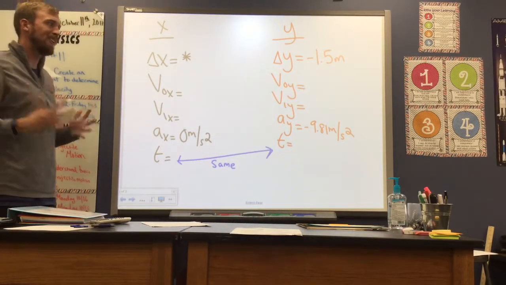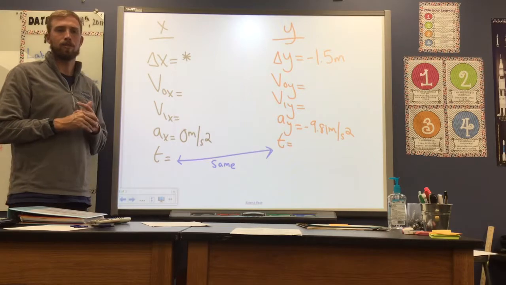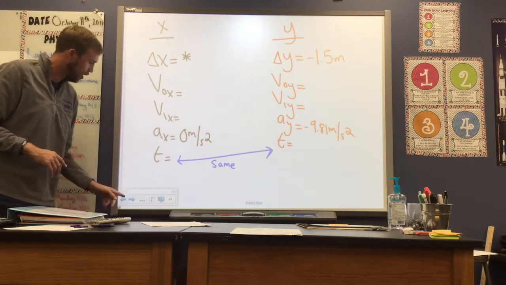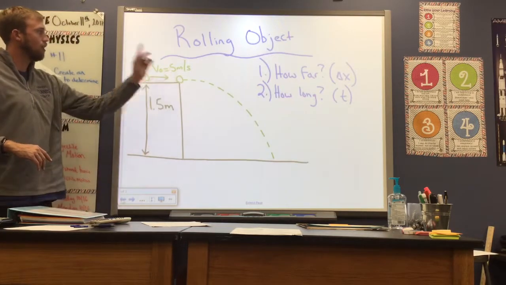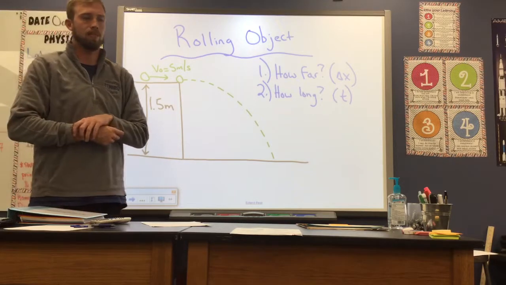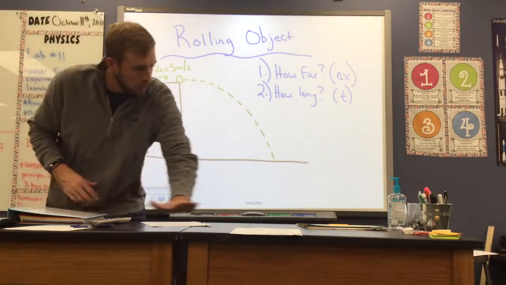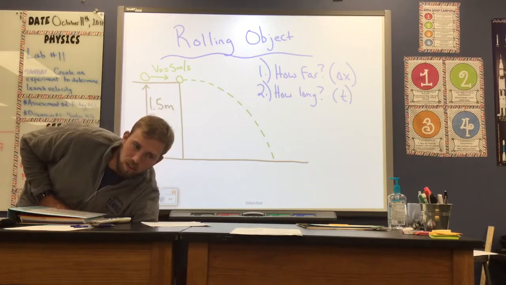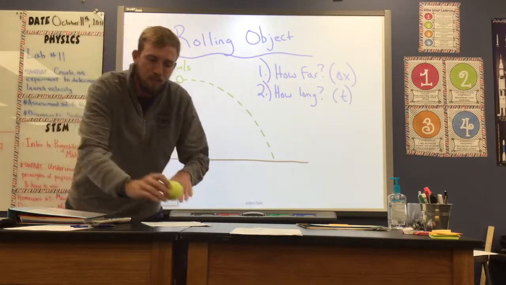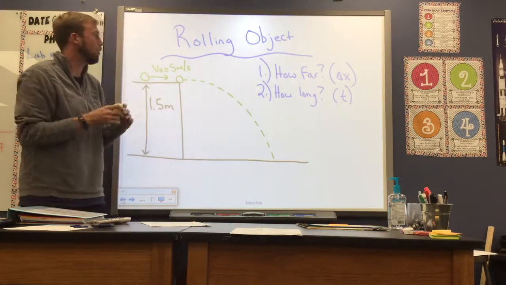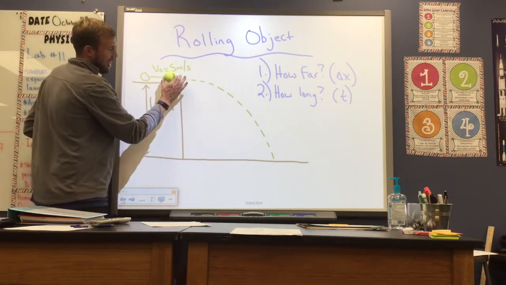Okay. So at this point, it doesn't seem like we have a whole lot of information. But if you remember from our picture, we're not taking into account this velocity of 5 meters per second. As that object is rolling on a flat surface, you can imagine, when it just comes off of that surface, it has an initial velocity of 5 meters per second.